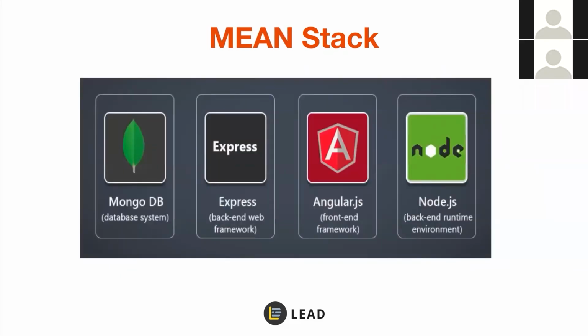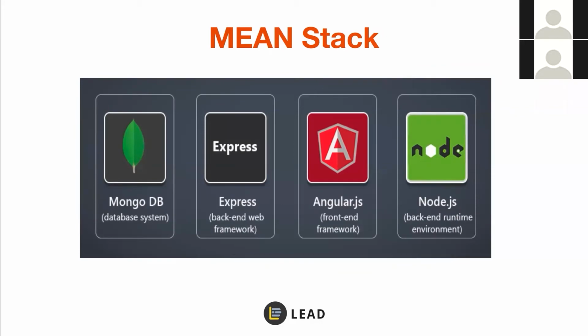Another one that's getting more and more popular nowadays is MEAN stack. MEAN stack is more for people like us, who are using JavaScript as our primary programming language. So you can write your code using Node.js and Express.js as your primary backend language, and you can also use MongoDB as your database system.